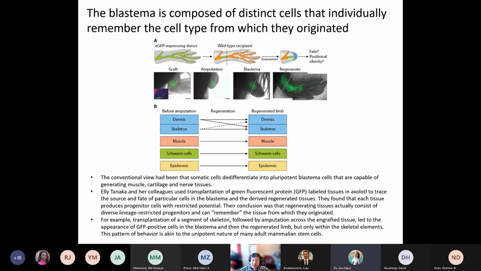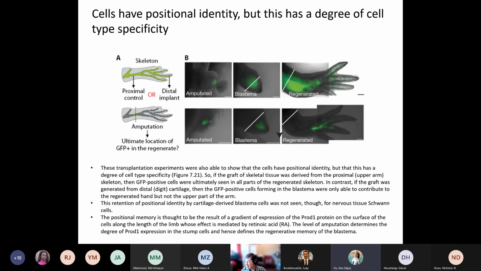Yes, the bone will give rise to some blastema cells that have an epigenetic mark of the bone identity, and also the positional identity. As we learned earlier, if you cut from the upper limb or lower limb, the blastema cells are different. So they carry the cell specificity information as well as positional information. I see. It's quite amazing.